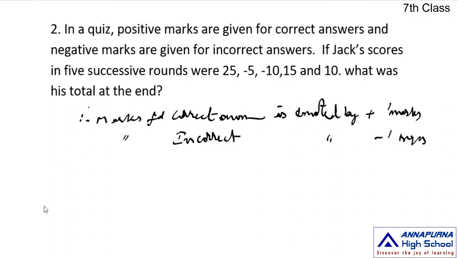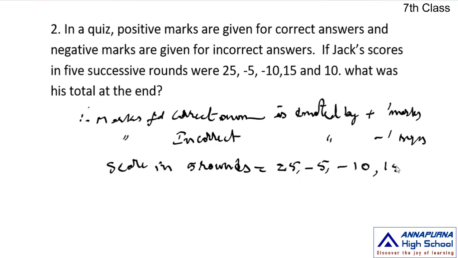Meaning, what is the score in 5 successive rounds? The score in 5 rounds is equal to how much? 25 in the first round, minus 5 in the second round, minus 10 in the third round, 15 in the fourth round, and 10 marks in the last round.